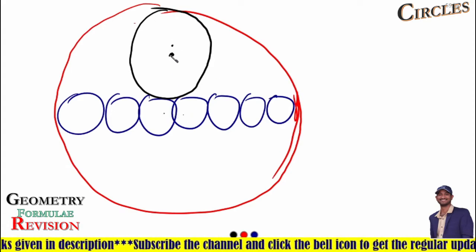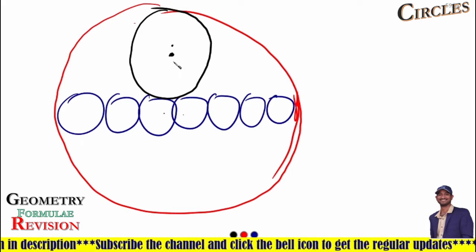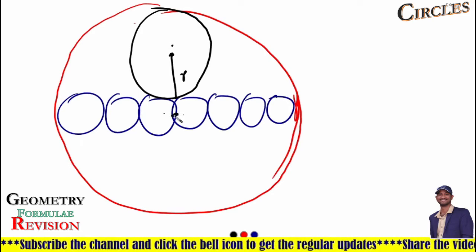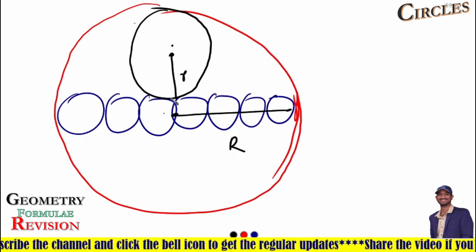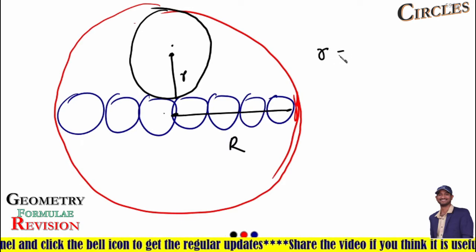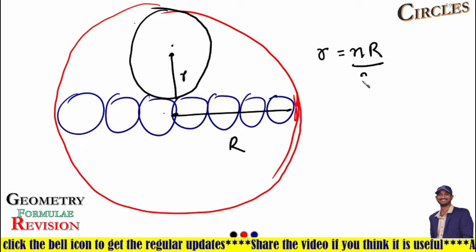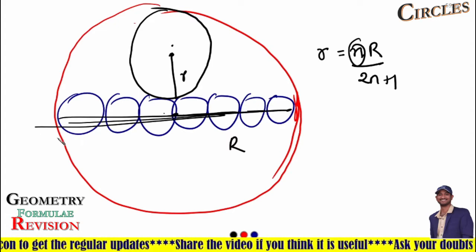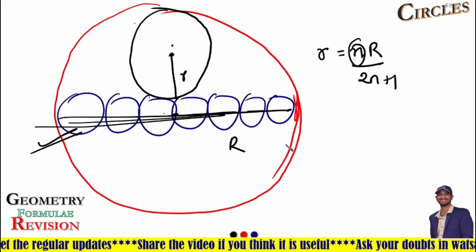If the radius of the bigger circle is capital R and the radius of the smaller circle is r, then the radius of the smaller circle is equal to nR by 2n plus 1, where n is the number of smaller circles which we are drawing on the diameter of the bigger circle.